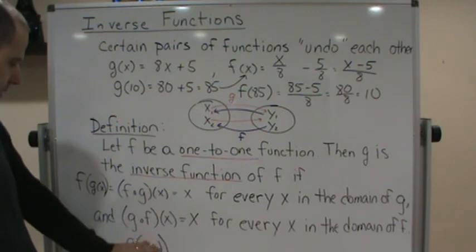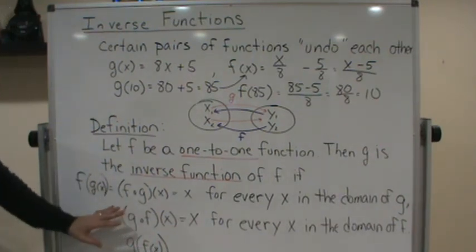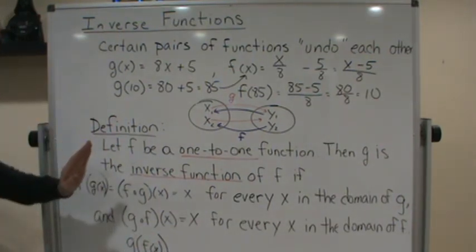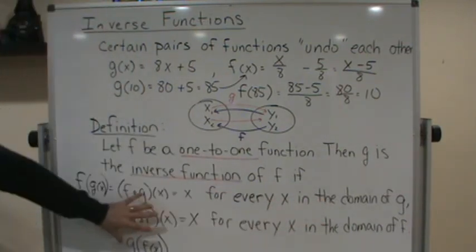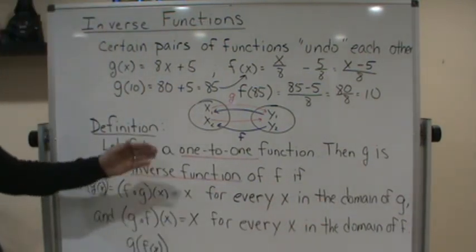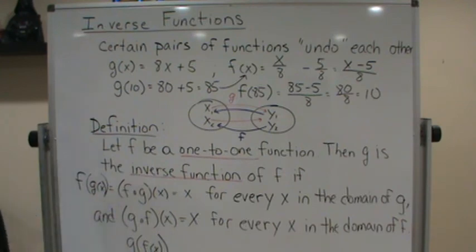If both of these conditions hold, then we know that g is an inverse function of f. So if this is true, then g and f are inverse functions of each other.